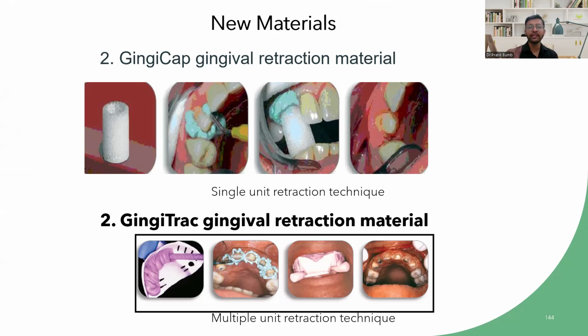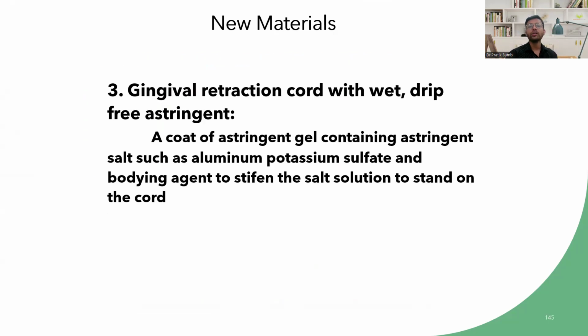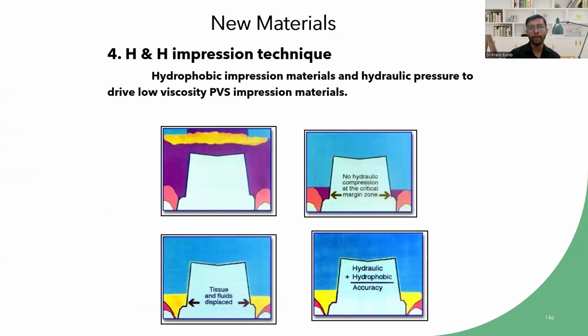So Gingitrack gingival retraction material: for a single tooth, you can use it as a foam, or for multiple teeth, you can place it in the tray and then do the retraction. Then there is gingival retraction cord with a wet, drip-free astringent gel like aluminum potassium sulfate; you can dip it in the solution, squeeze it out, and then place the cord.